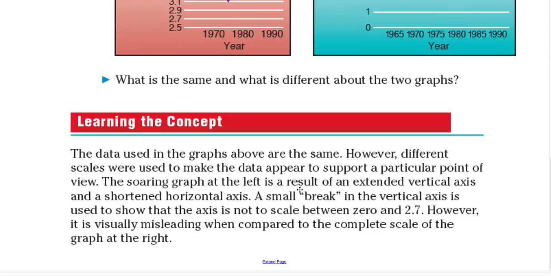The soaring graph at the left is a result of an extended vertical axis and a shortened horizontal axis. A small break in the vertical axis is used to show that the axis is not to scale between 0 and 2.7. However, it is visually misleading when compared to the complete scale, the graph at the right.